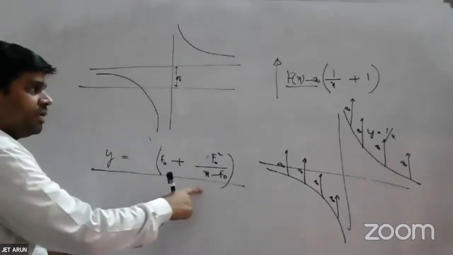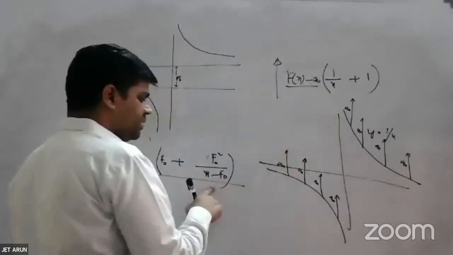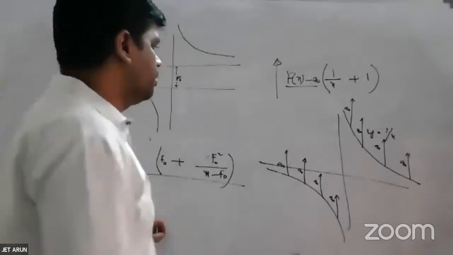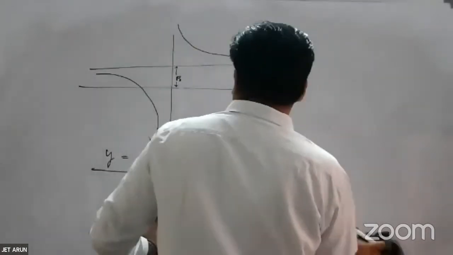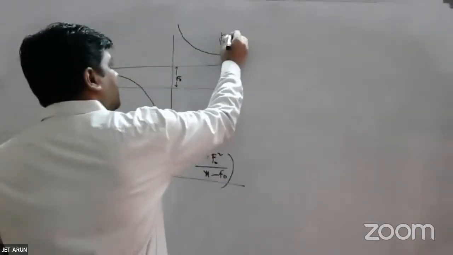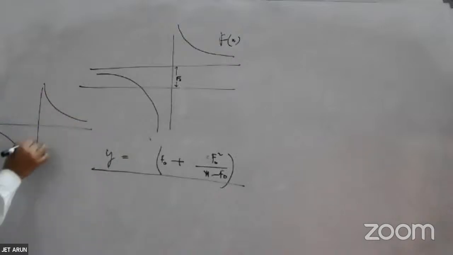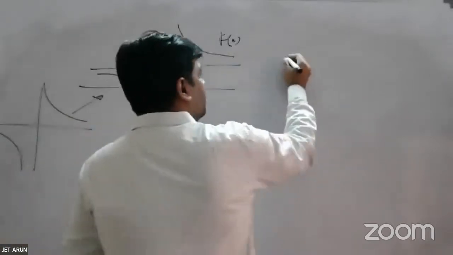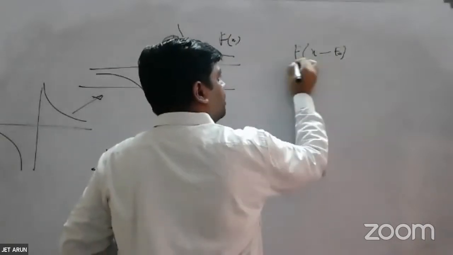Now look at this curve. I got f of x is this. Now what is this? F of x minus f0. This is f of x. Now it has come up to here. From where? From 1 by x it has come up to here. Now from here I have to go to this equation. Now this is f of x. What is this equation? F of x minus f0.